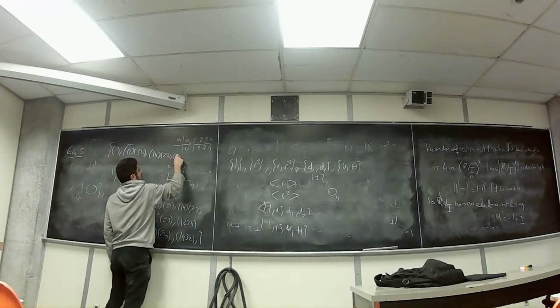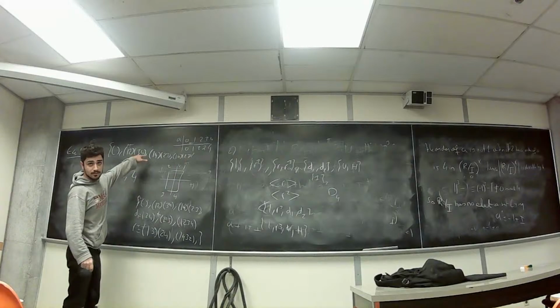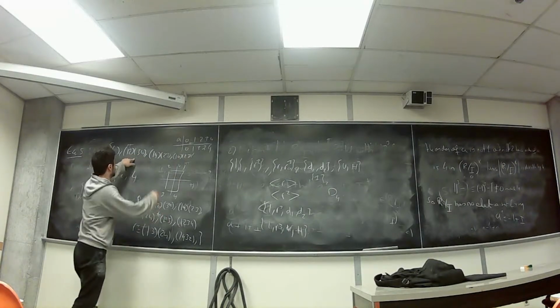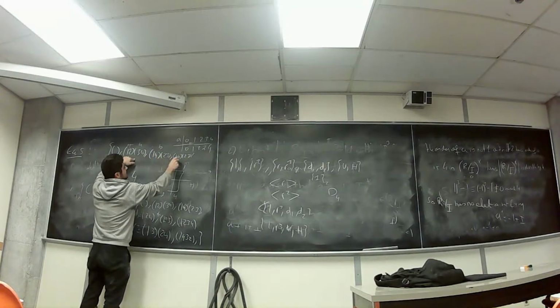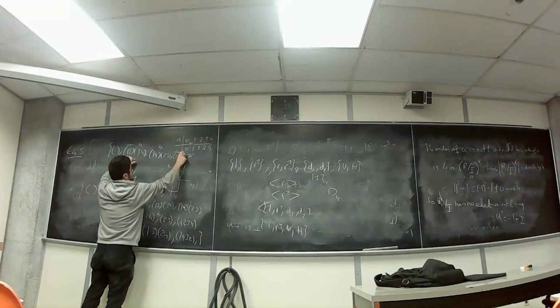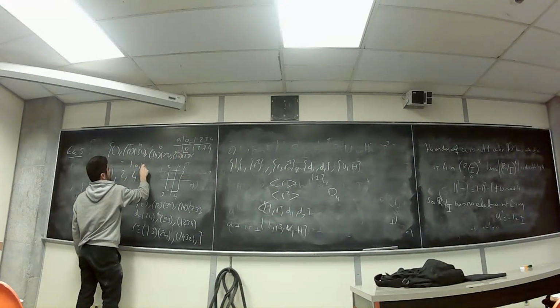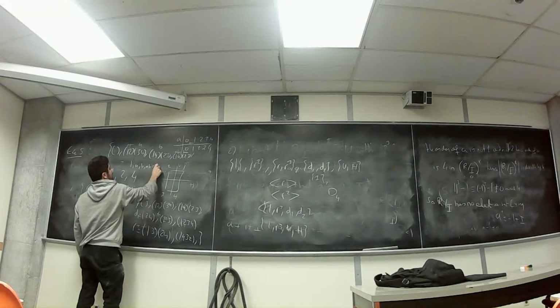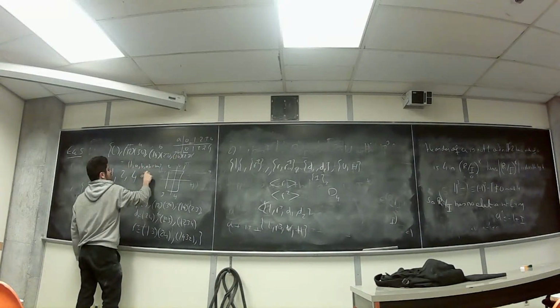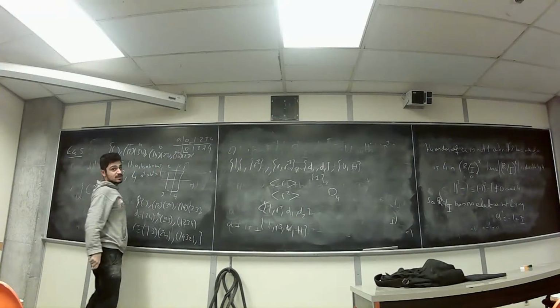How do you prove that? First, it's a subgroup. If you call these A and B, then AB is equal to BA, and A and B have order 2. So this is a subgroup.